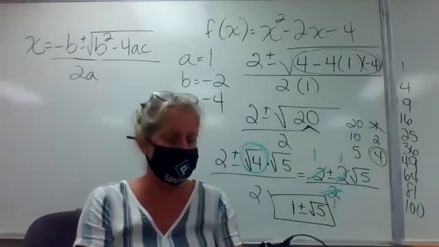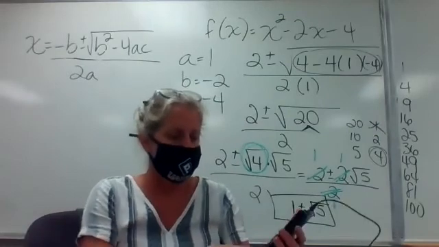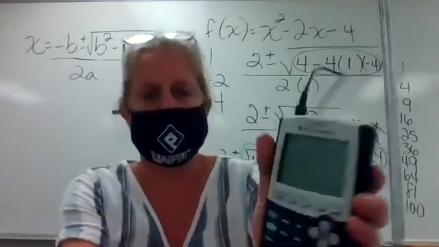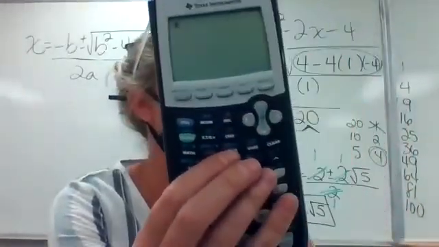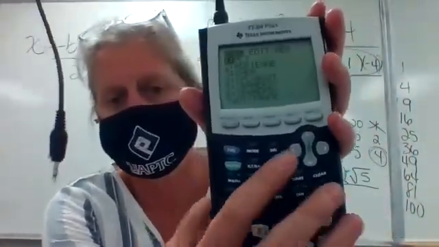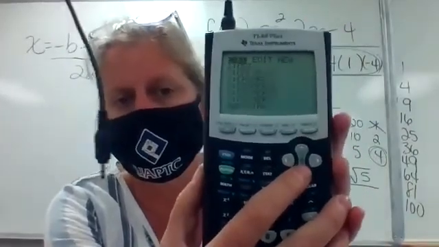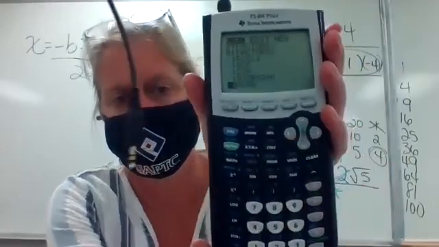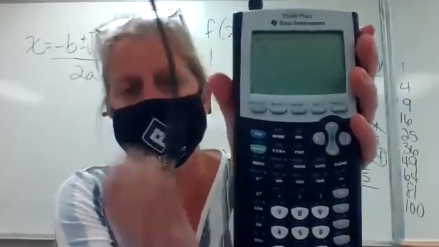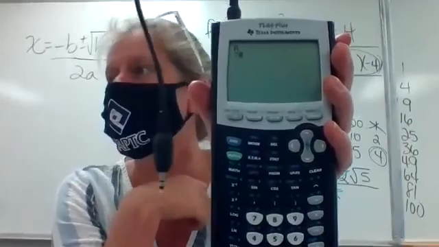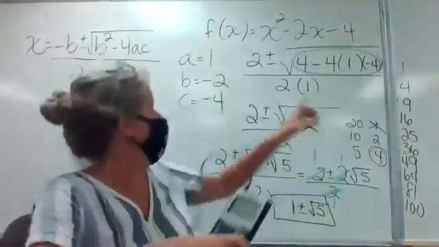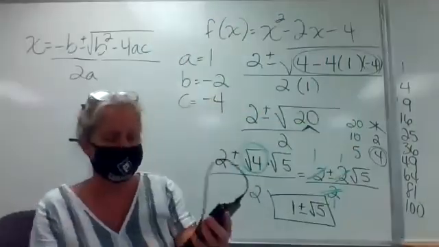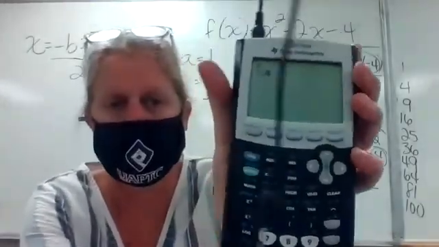Here's what happens when you have the quad program. It's under PRGM, and I'm going to give you all this program in just a minute. It's actually going to give you a lot of programs. If you scroll down to quad and hit enter twice, it's going to say, okay, what's your A? What's my A on this problem? 1. So I would hit 1 and then enter.